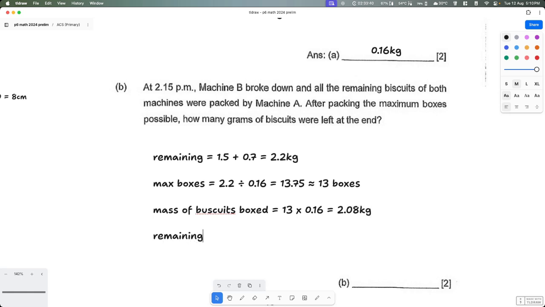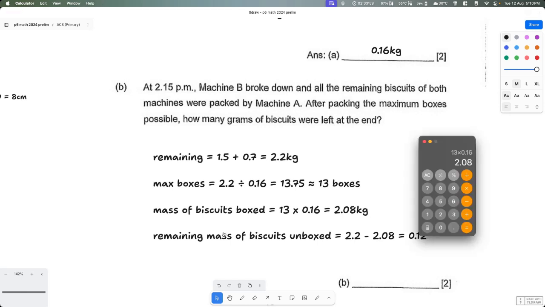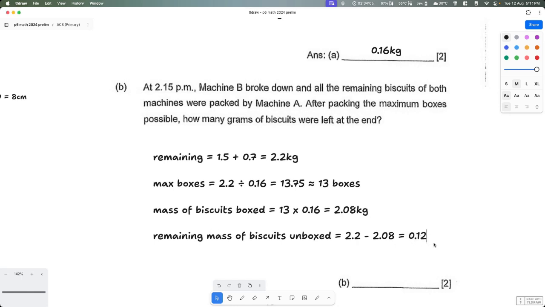So the mass of biscuits unboxed is equal to 2.2 minus 2.08. This will give us 0.12 kilograms. There you go, that's the answer, 0.12 kilograms.